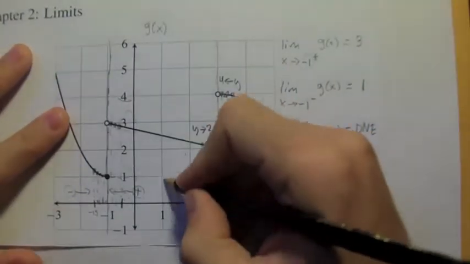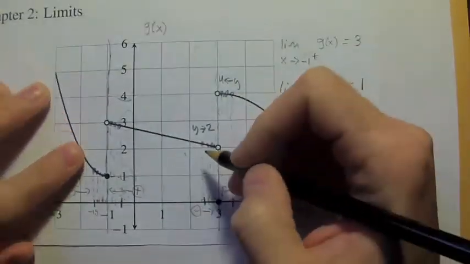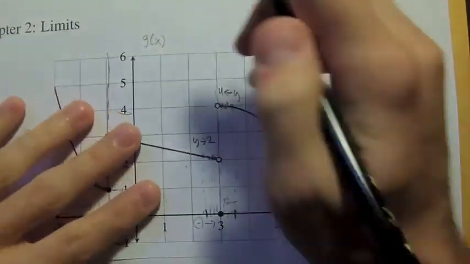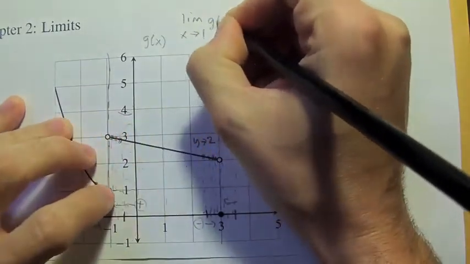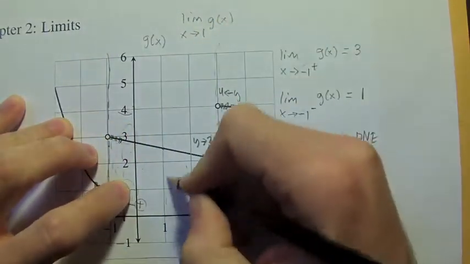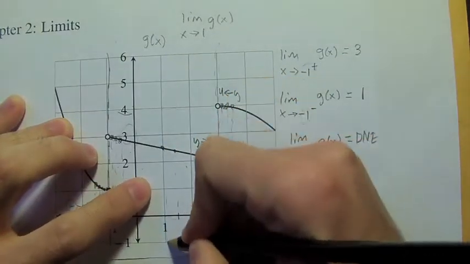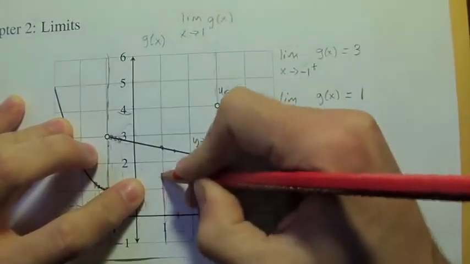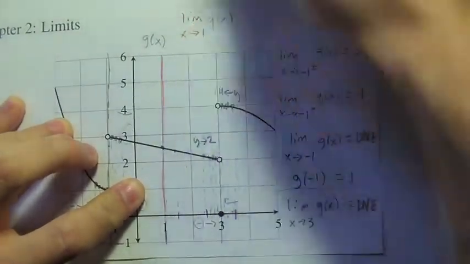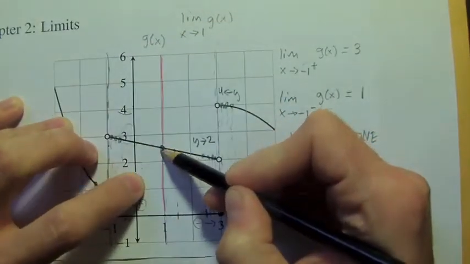It would have to be something like this, where, say here at 1, where if I looked at, I'll write it up here, the limit as x goes to 1 of g of x. Okay? Well, on both sides, right here, let me do this one in red. Do you see that the function on both sides meets this point?